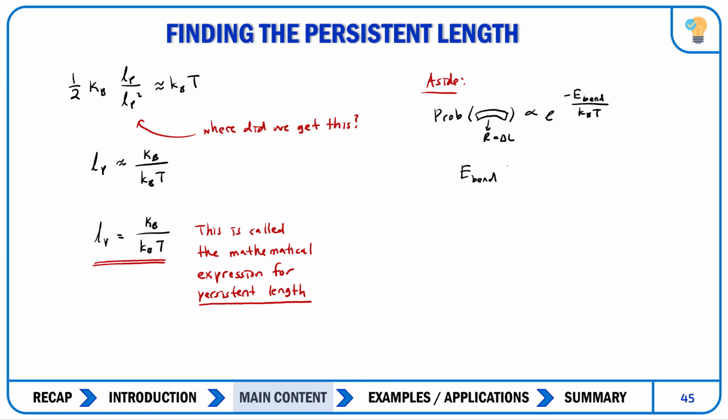So that means E bend of this is approximately equal to kBT. So now try and think of how that relates to this in order to derive that expression we got at the beginning.